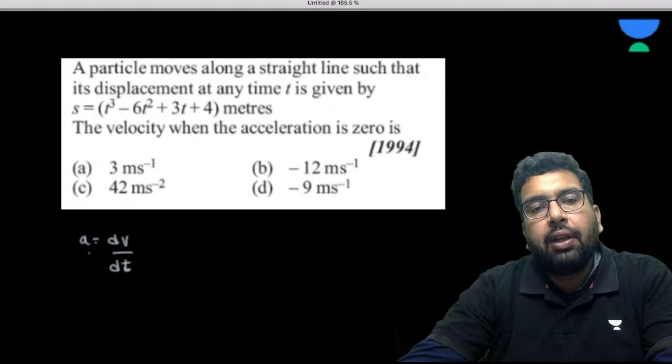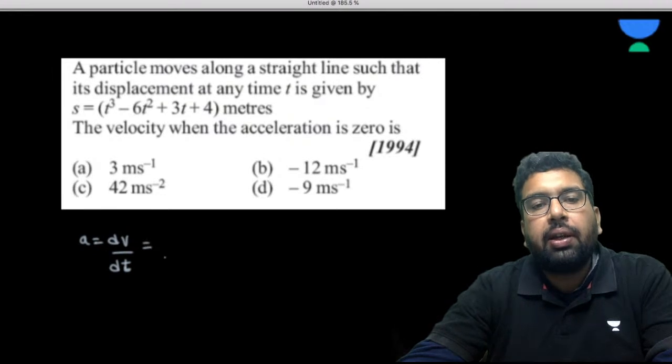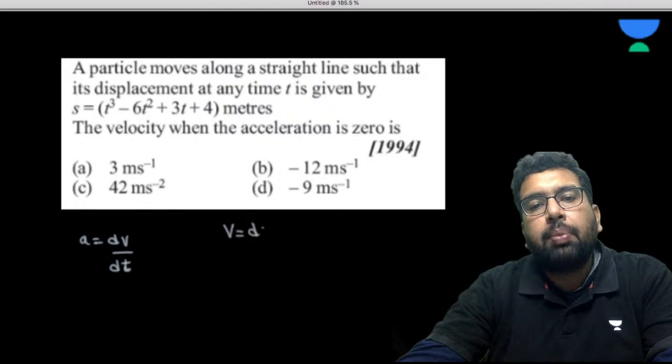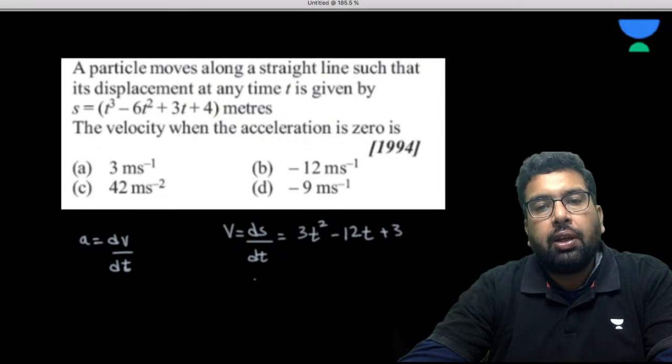For that, firstly we will need the v. v is ds by dt. So ds by dt will become 3t square minus 12t plus 3. So that is going to be the v.